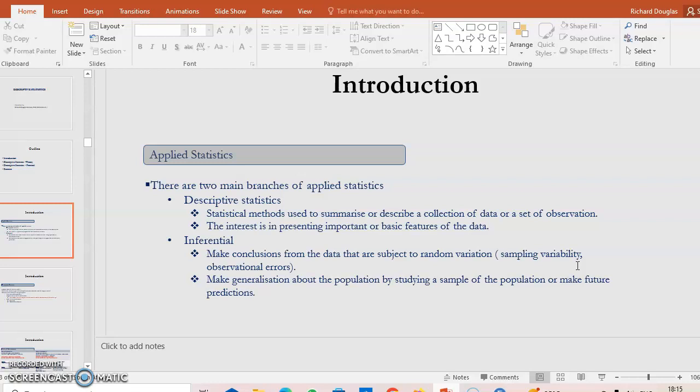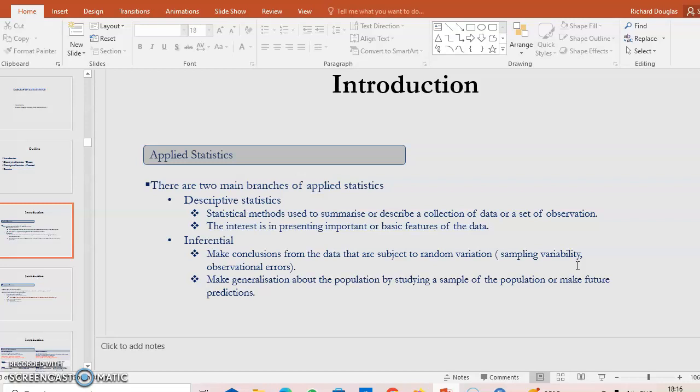In other words, by descriptive statistics, you can be able to present the most basic features of your data. It provides a summary of your data.